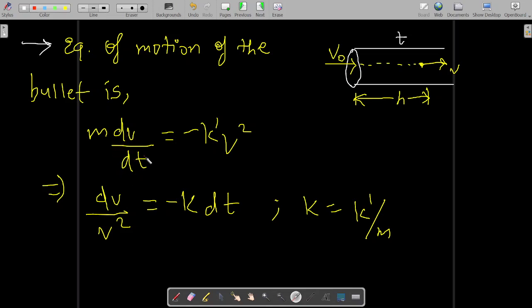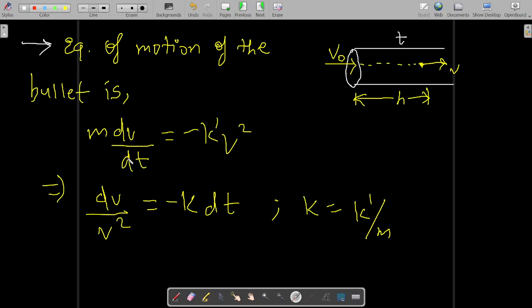So what will happen then? This k dash will become k with the help of this m coming to the right hand side, and this dv and this v square, we do the variable separation method. After separating the variables, dv and v square come together, and dt comes over here.